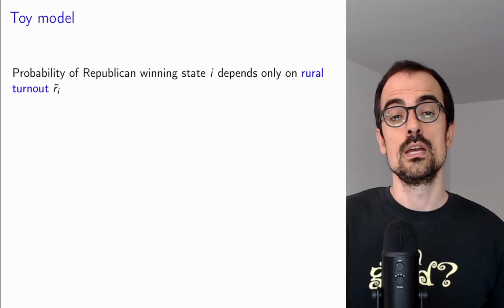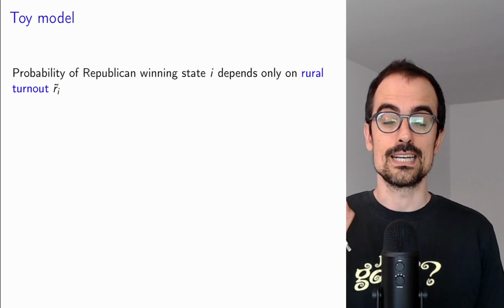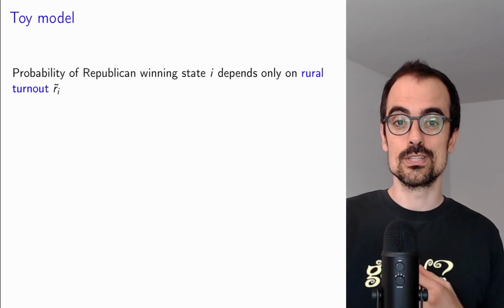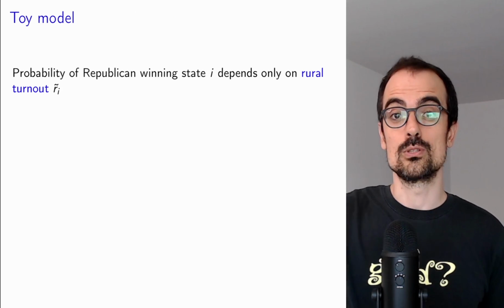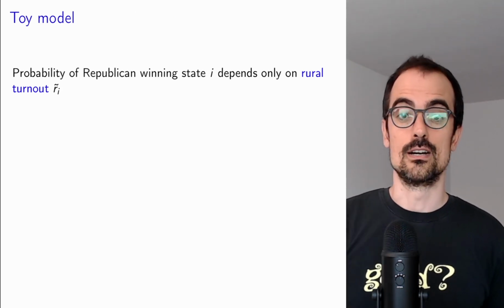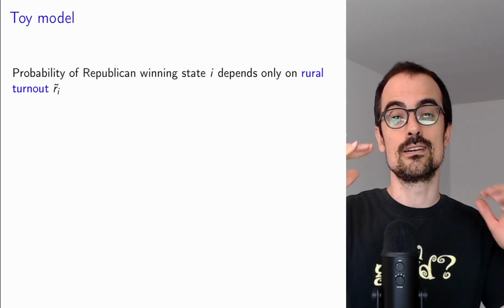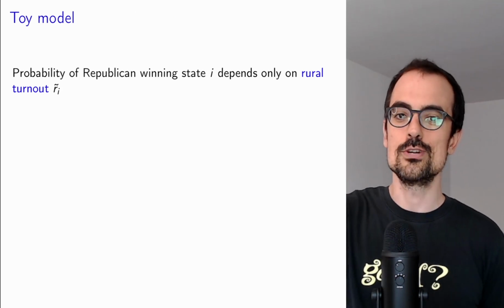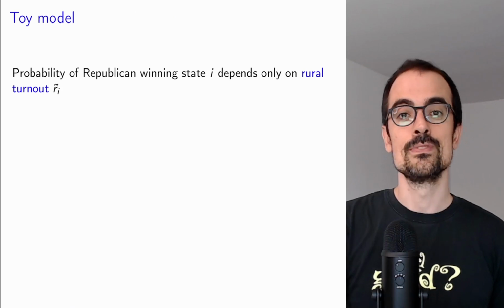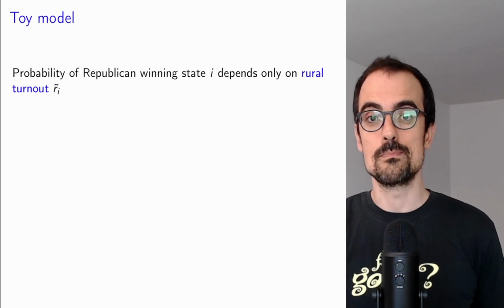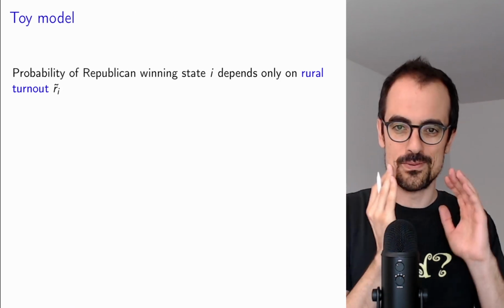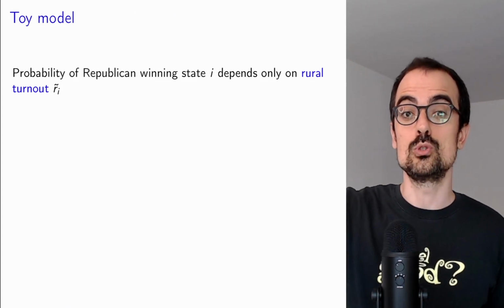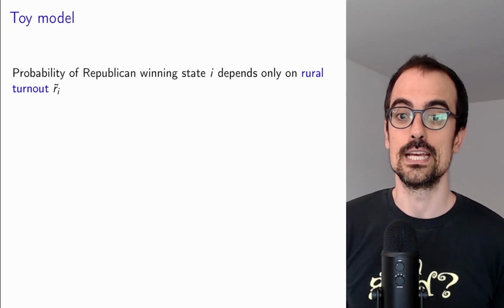It also is inspired by the fact that when predicting an election, interestingly, it's often much more difficult to predict who is actually going to turn out to vote in a particular region. The fraction of Republicans in a certain region may be much easier to determine than the fraction of those people that are actually going to turn out on election day to vote.